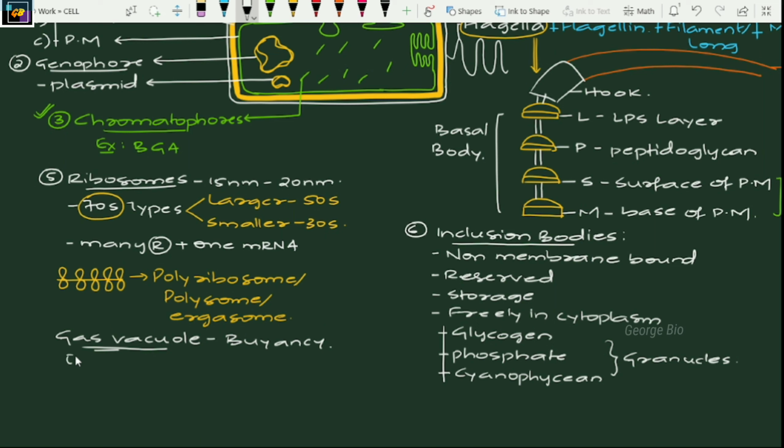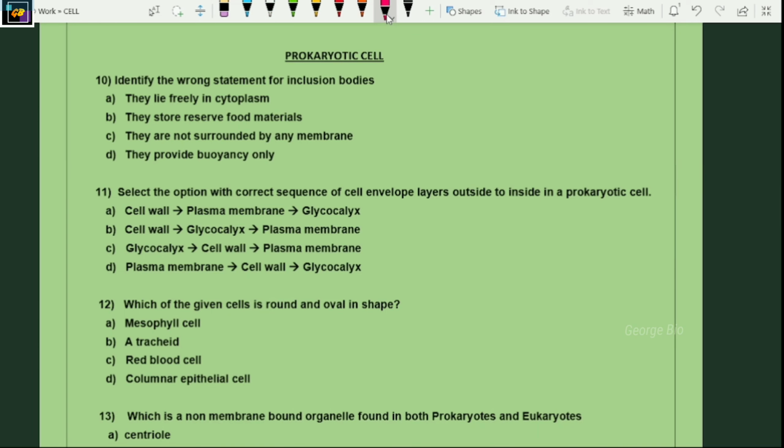This is a characteristic feature of prokaryotes, for example blue-green algae and green photosynthetic bacteria. So this is all about the prokaryotic cell.